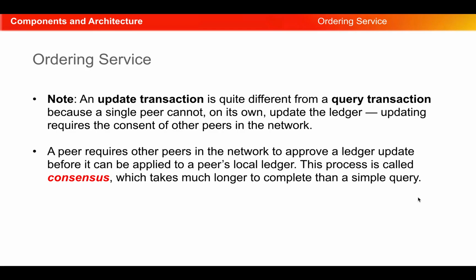This means that when you do a query transaction, you can get the output from any peer, because consensus from all the peers is not required for a query transaction. But when it comes to an update transaction, consensus from all the peers is required, and that is why the consensus process has to happen among all the peers, and this takes more time when compared to a simple query transaction.